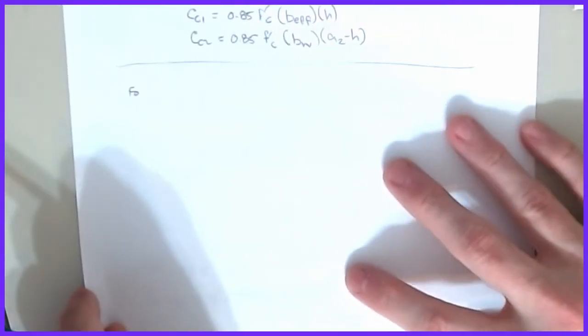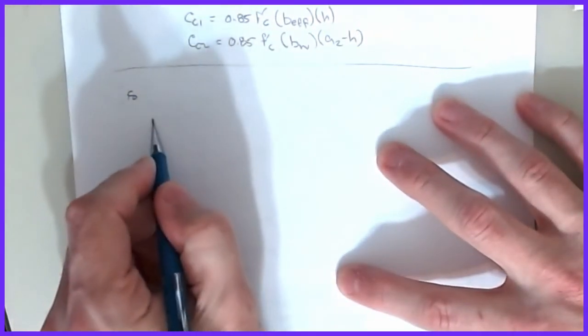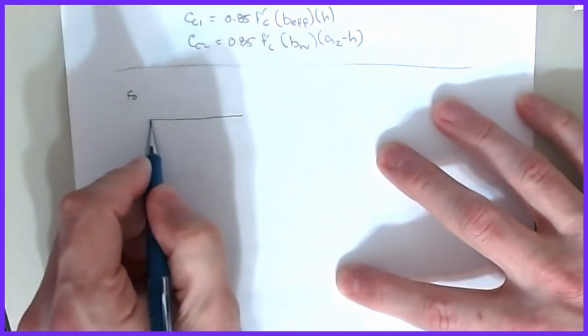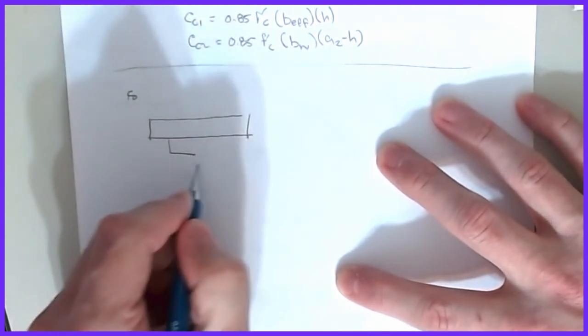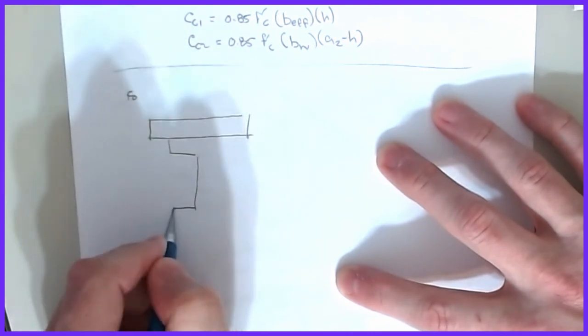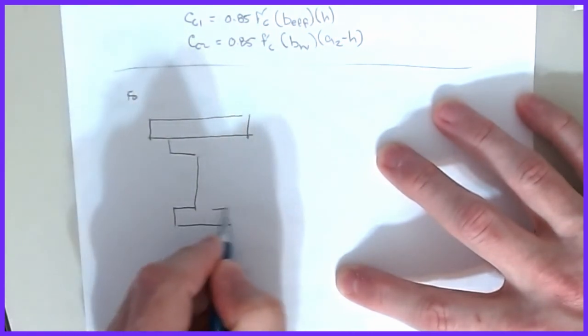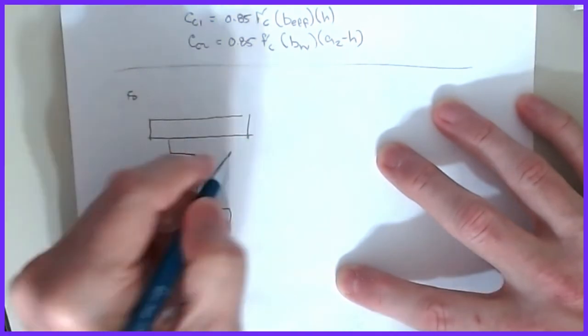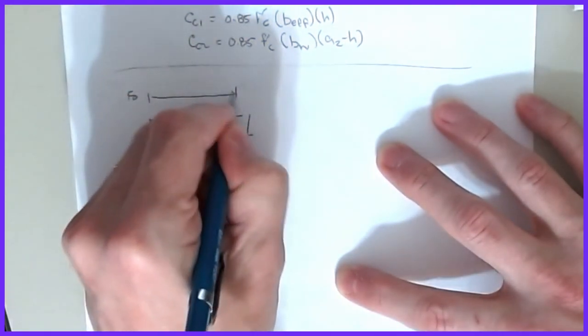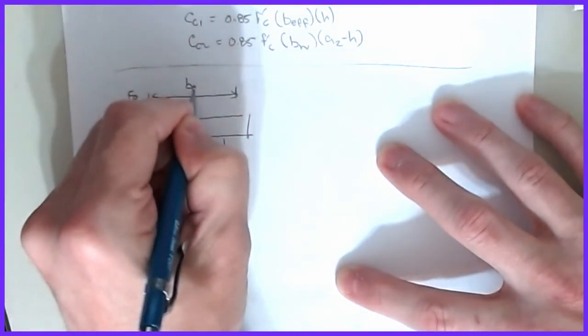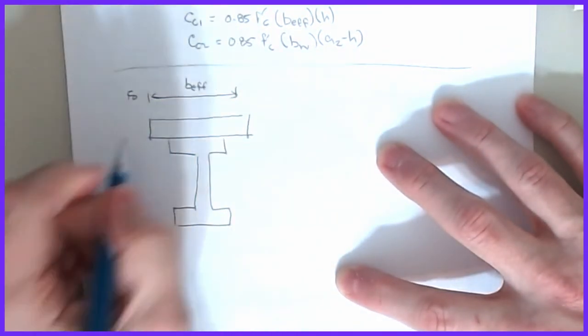All right, so let me slide up here, and let's try to apply this idea to what's happening to our concrete slab. So let's call that as effective widths.